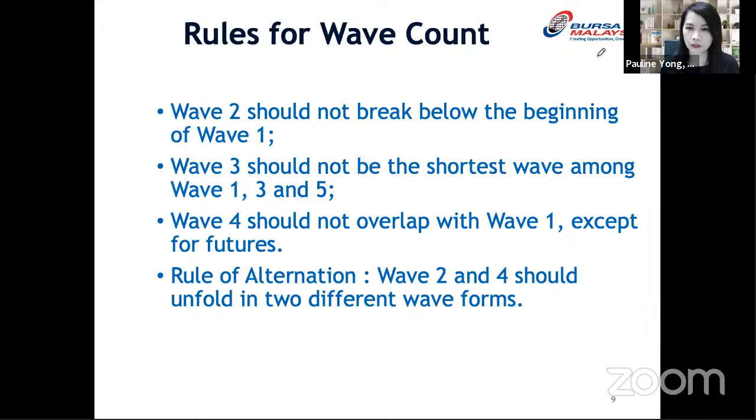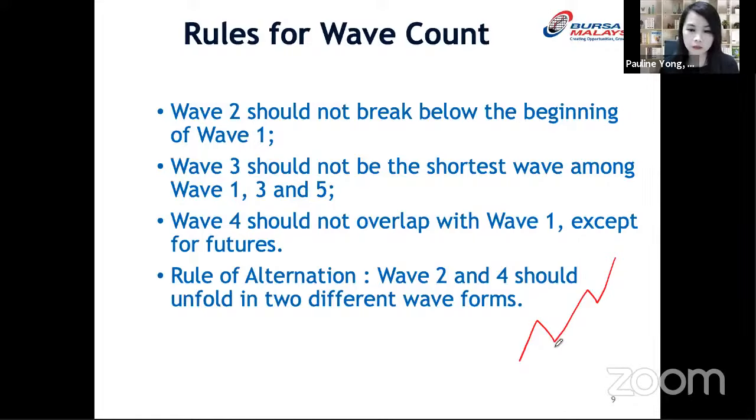So let's memorize together. Here, rule number 1 is that wave 2 should not break below the beginning of wave 1. So we are looking at 1, 2, 3, 4, 5. So this wave number 2 here, because of this retracement, right?